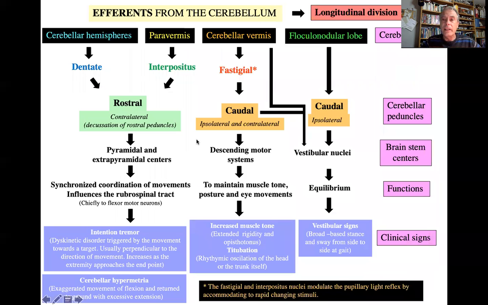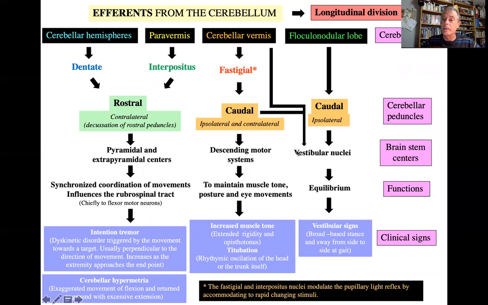Now, for the efferents, we should consider the longitudinal division. What I mean? The flocculonodular lobe projects through the caudal cerebellar peduncle, and they are ipsilateral to vestibular nuclei directly. So they participate in equilibrium.